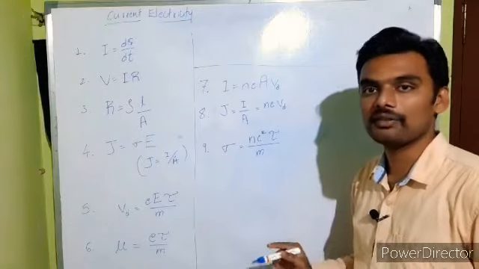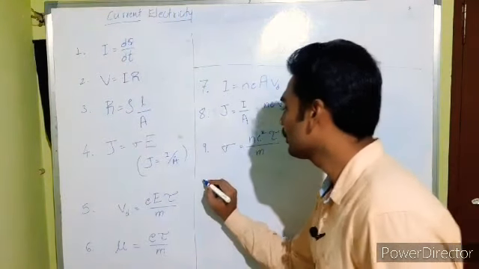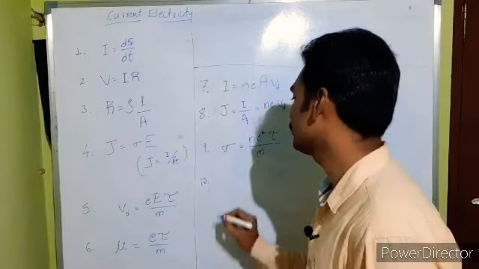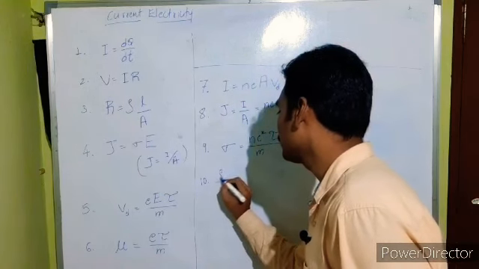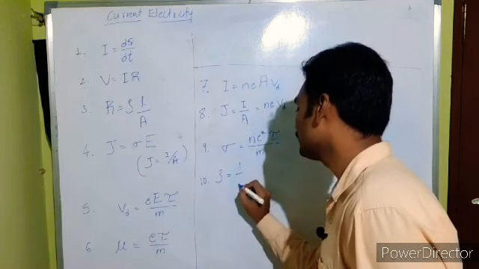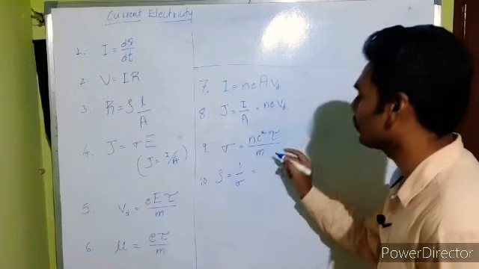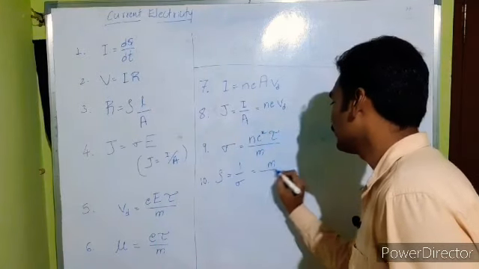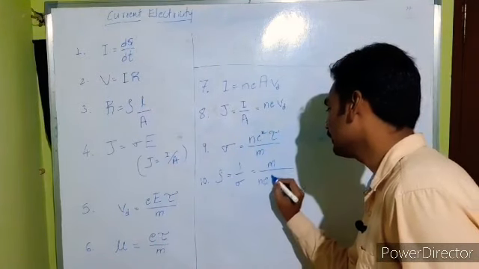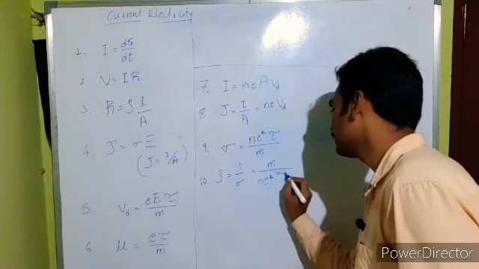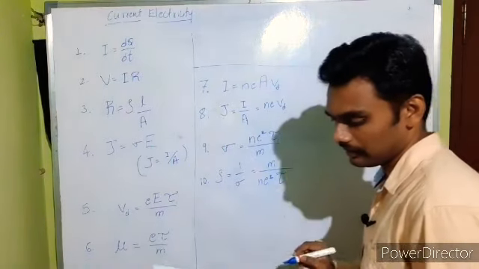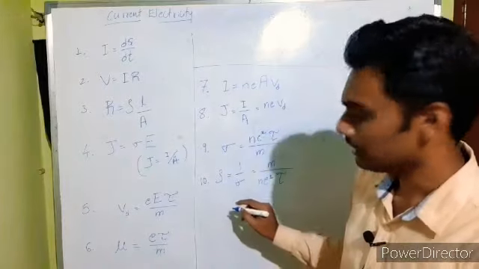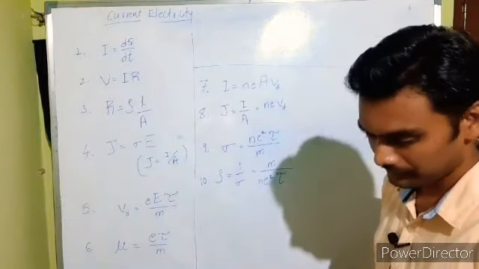Sigma gives you the conductivity. Now the reciprocal of conductivity itself is resistivity. So I can write rho is equal to 1 by sigma, the reciprocal of this, which is m by n e squared tau. So this is the expression for electrical resistivity.